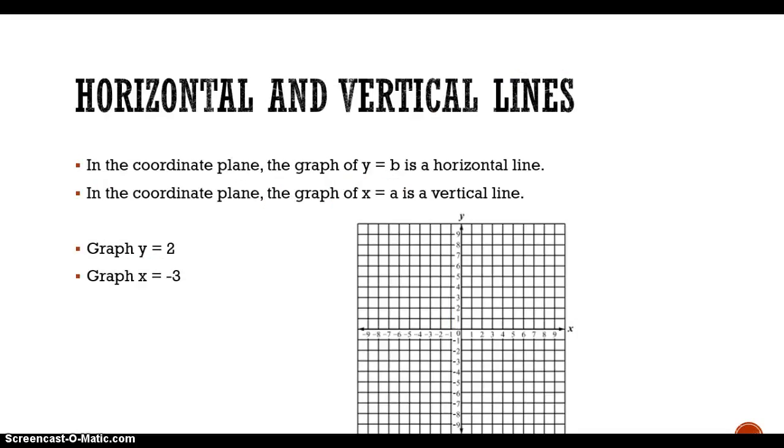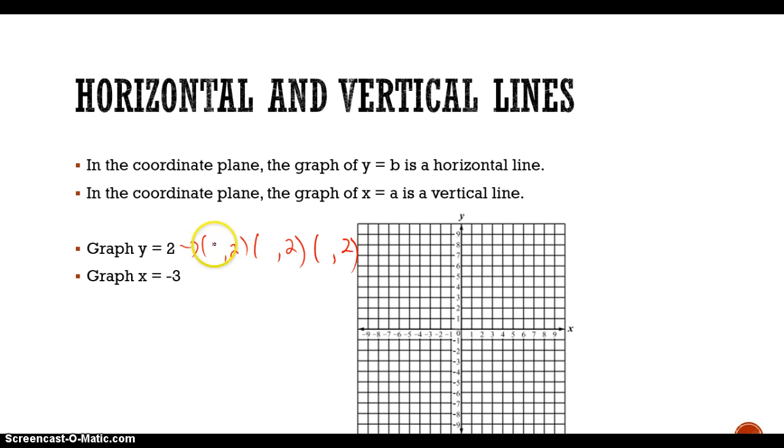Horizontal and vertical lines. In the coordinate plane, the graph of y equals b is a horizontal line. In the coordinate plane, the graph of x equals a is a vertical line. So when we say graph y equals 2, that tells me for every ordered pair, the value on the y is 2. So any number that I plug in, my y will be a 2.